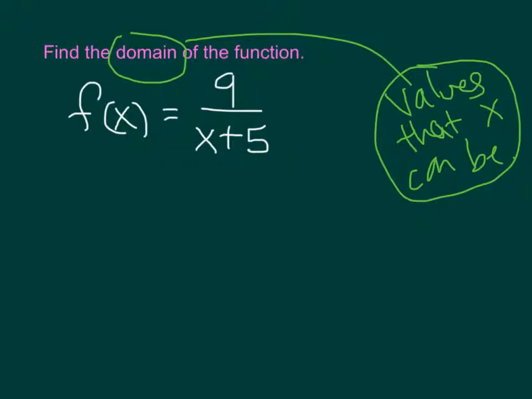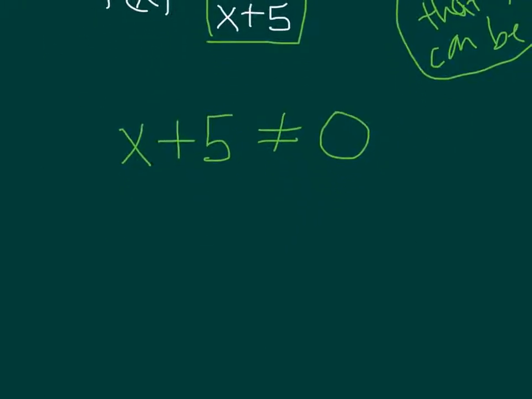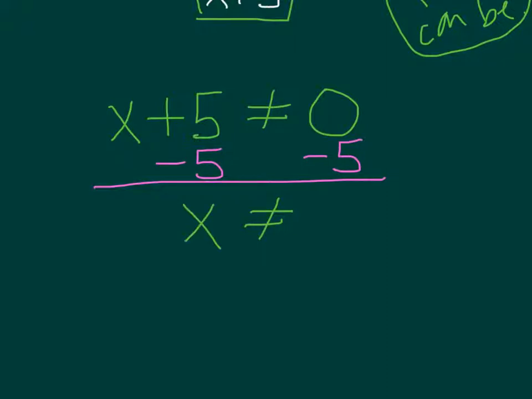This denominator here, x plus 5, cannot be equal to 0. This might be one that you can just do in your head. x plus 5 cannot be equal to 0. We subtract 5 from both sides, bring down the not equal to sign. So we've got x on the left, and 0 minus 5 is negative 5. x cannot be negative 5.